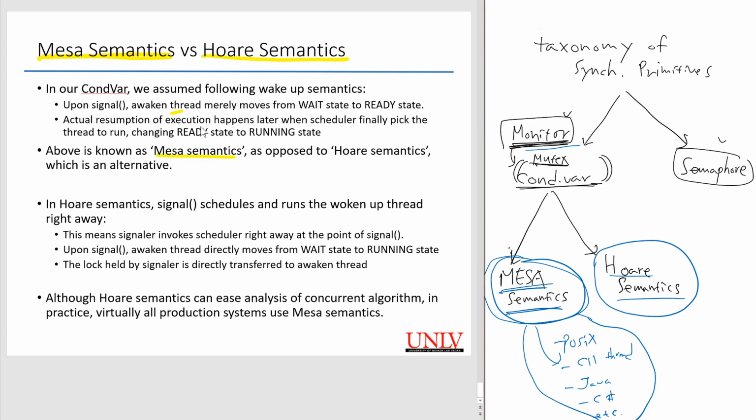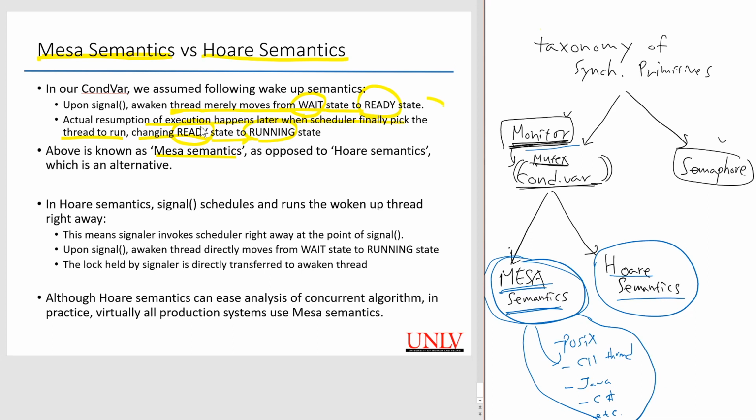the Mesa semantics, when you're signaled and you're woken up, then you move from wait to ready state. And after that, the scheduler will later decide which thread to run, and then if you get picked, that is the moment that the thread actually gets executed, making transition from ready to running state.